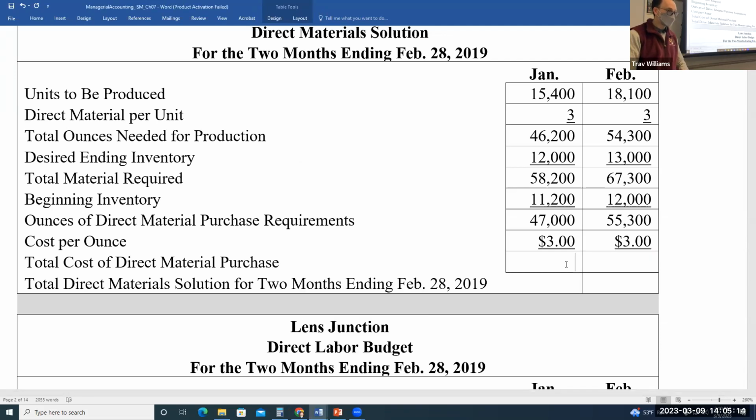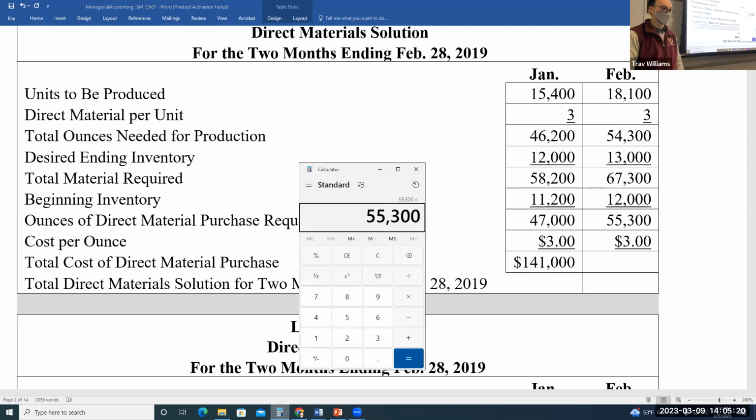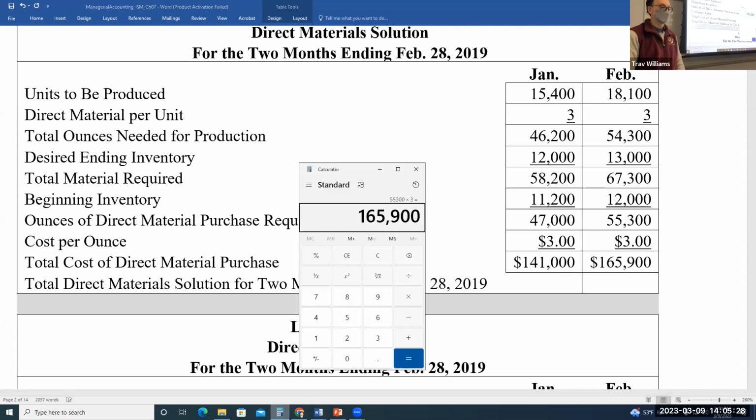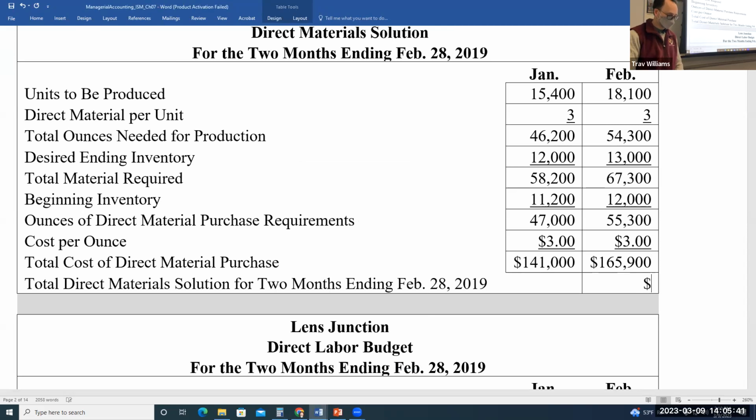Looks like 141,000 in January. 165,900 in February. And, oh, that's not right. I must have hit multiply by mistake. 306,900 total.